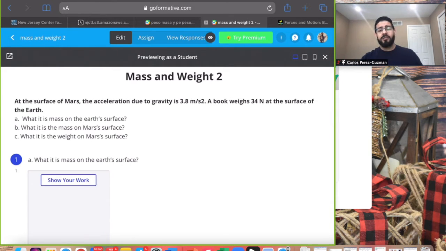The first problem is: at the surface of Mars, the acceleration due to gravity is 3.8 meters per second squared. A book weighs 34 newtons at the surface of Earth. Now, the first question is, what is the mass of the object on Earth?